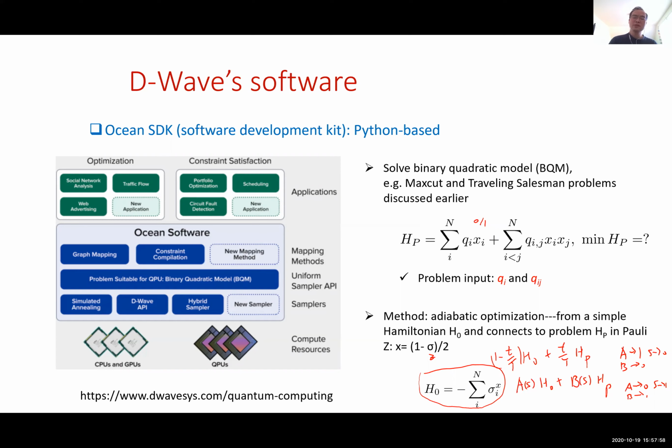But as I said, because their machines are noisier, they probably take advantage of the large number of qubits to solve a large number of problems. It could be that some fraction of the answers are not really the ground state, maybe excited states, so there will be a certain fraction of the solutions that are in the ground state.